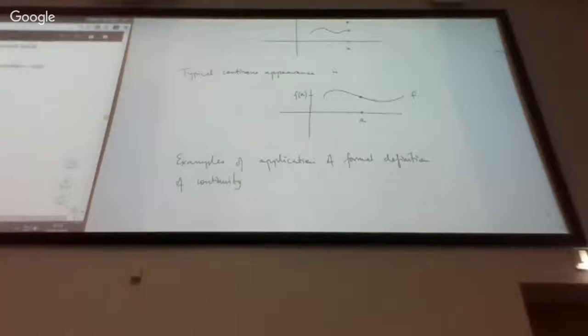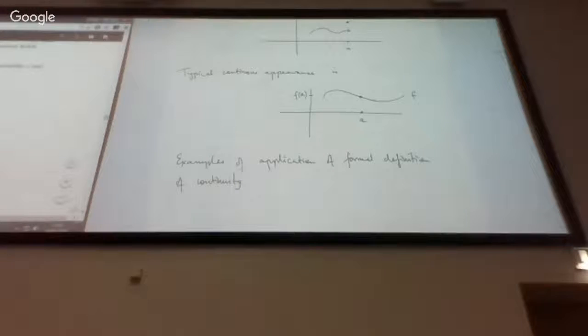And the property that delta has is that if little x is any argument within a distance delta of a, so this inequality here, absolute value of x minus a being less than delta, in terms of the graph, what that says is that x is inside this little interval here around a.